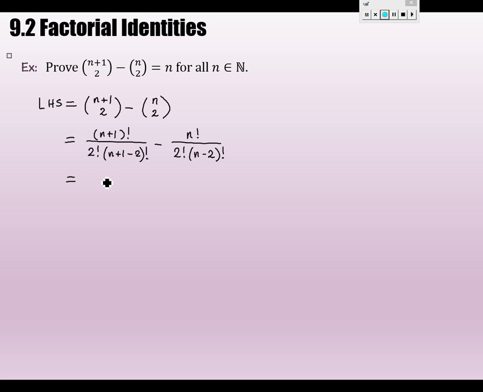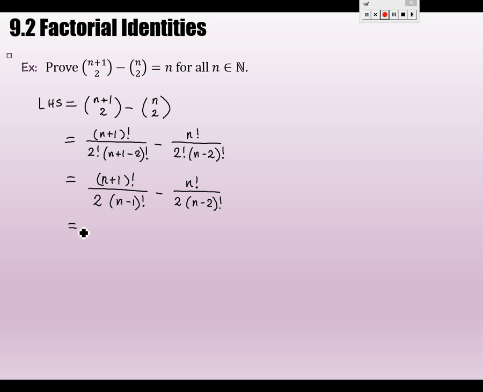Cleaning these things up a little bit, what do you have? So you have n plus 1 factorial over 2 times n minus 1 factorial. This feels like the problem we just did, doesn't it? Just upside down. Expand the numerator out until you see an n minus 1 factorial appear.